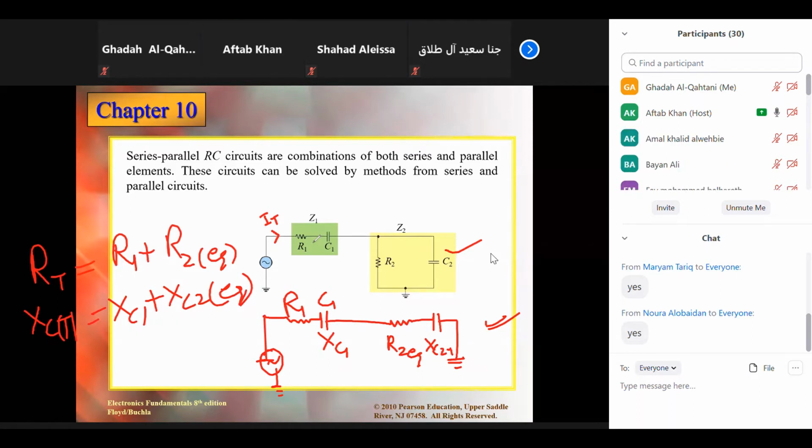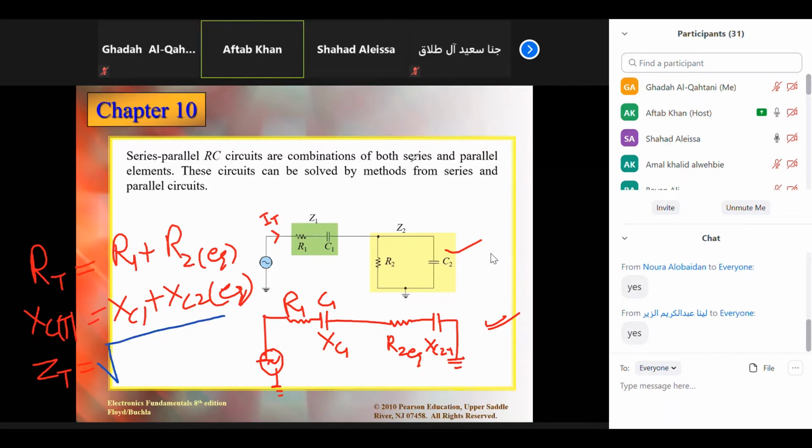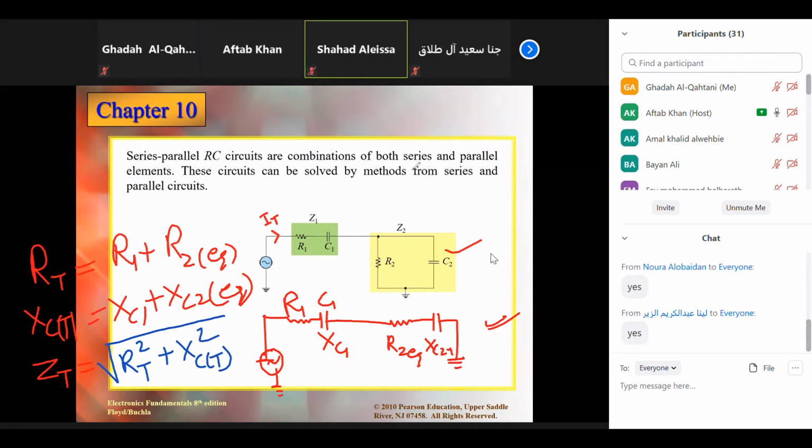Once we get these two, can we calculate Z total now? Yes. How can we calculate Z total? It's a series circuit, right? What should be the formula? Z total is the square root of RT squared plus XCT squared, because it's a series circuit. So now I know the total impedance.